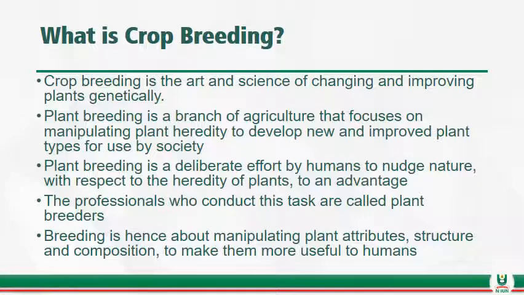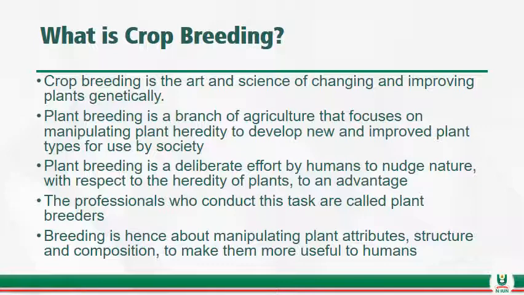What it does is focus on the manipulation of plant genes, plant heredity. They go to the plant at the gene level and manipulate it to come up with new and improved plant varieties which are useful for society.